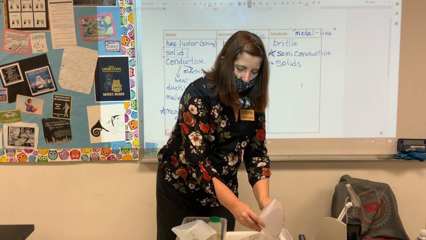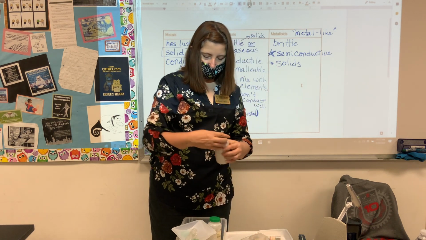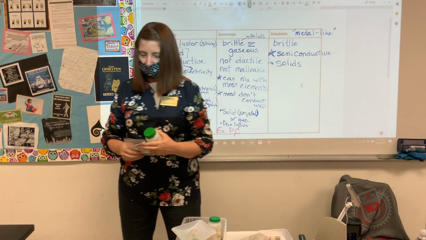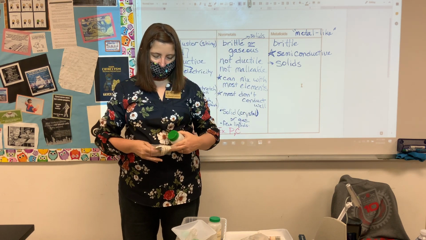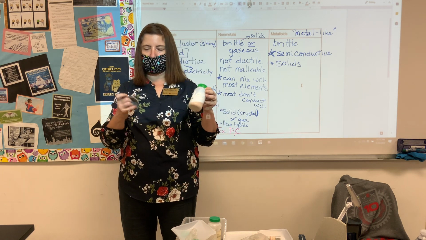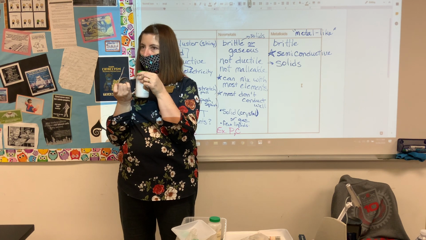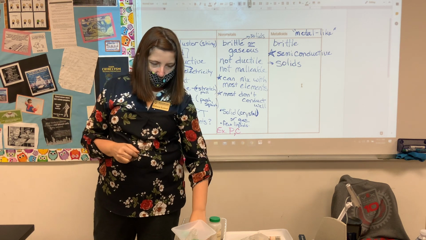Okay, this one is an alkaline earth metal, similar to our magnesium. Remember that coil of magnesium? It and this white substance that I just showed you are part of the same family. You're like, how is that even possible?